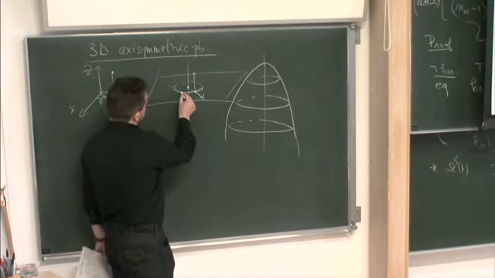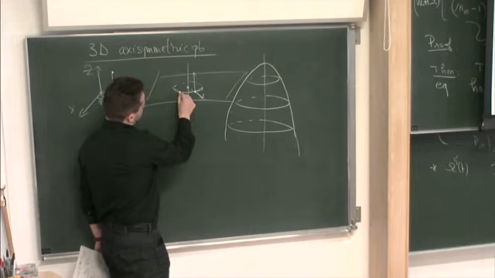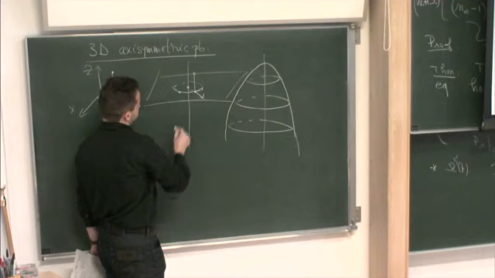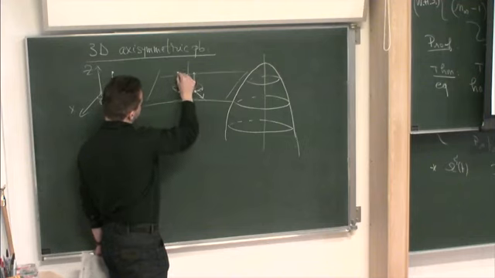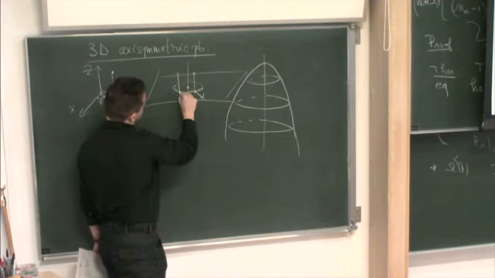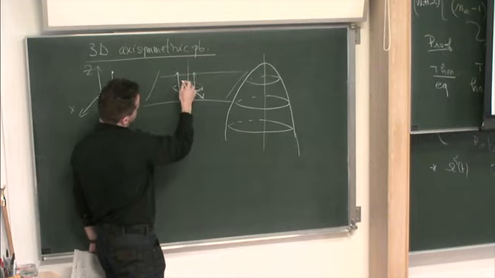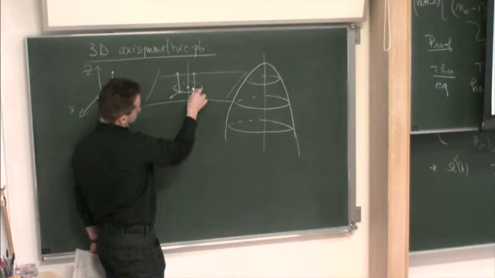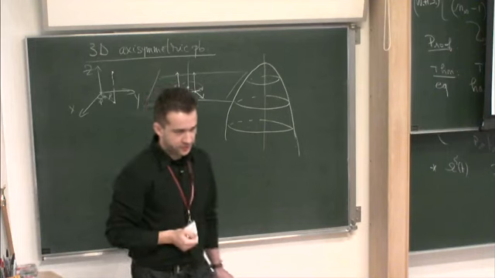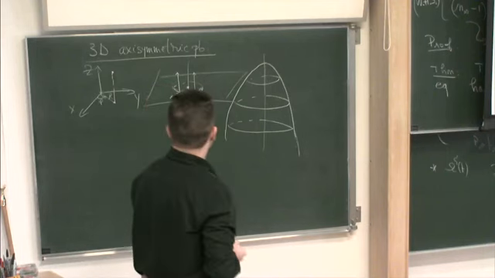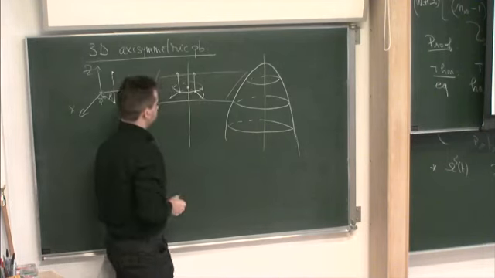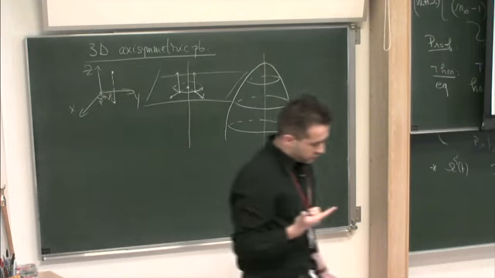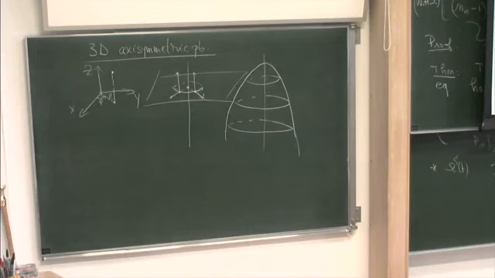Okay, and so if I take different points on the same horizontal circle like this, the vertical component of the velocity is the same for all of them, and the component in the radial direction also has the same length as this one. So the velocity vector is characterized by two scalar quantities.